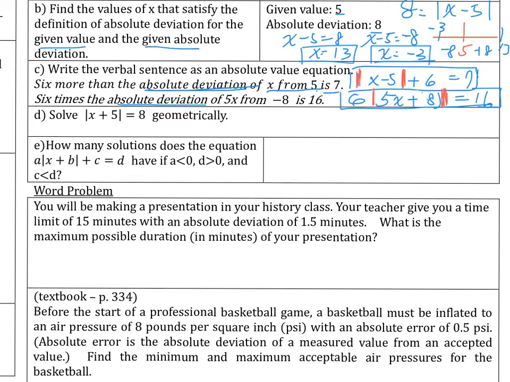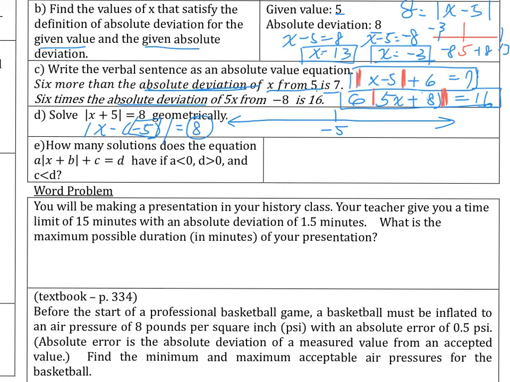And for the next one, part D, solve the absolute value of x plus 5 equals 8 geometrically. So basically they want you to use a number line. But let's first rewrite this equation as |x - (-5)| equal to 8. Here, negative 5 will be the given value, and the absolute deviation will be 8.